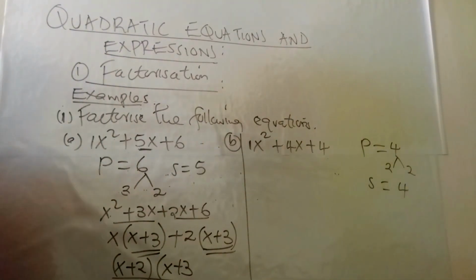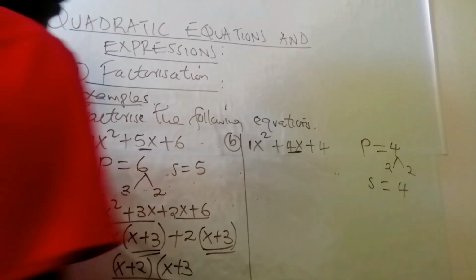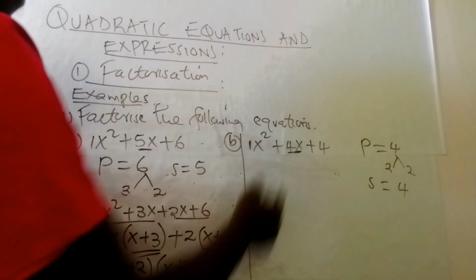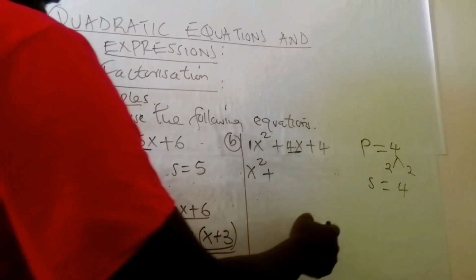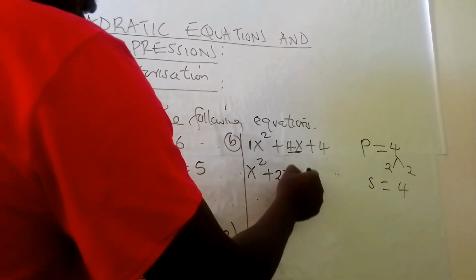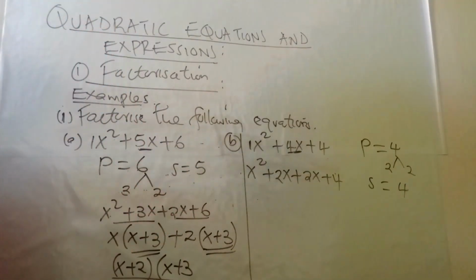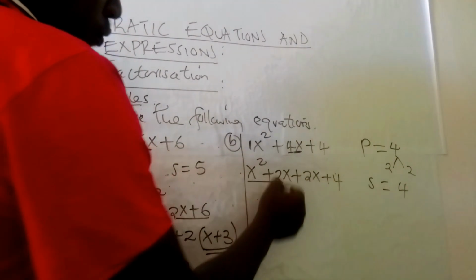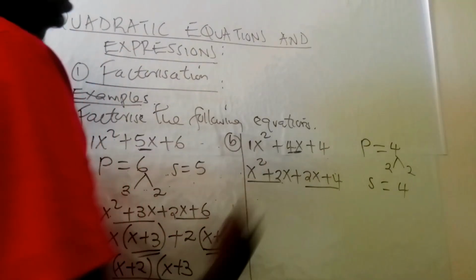Then we follow the same procedure. Use these two factors to express your 4x in two ways. We expand your 4x. This is x squared plus 2x plus 2x plus 4. So now also group them into 2. With x squared and 2x, what is common?